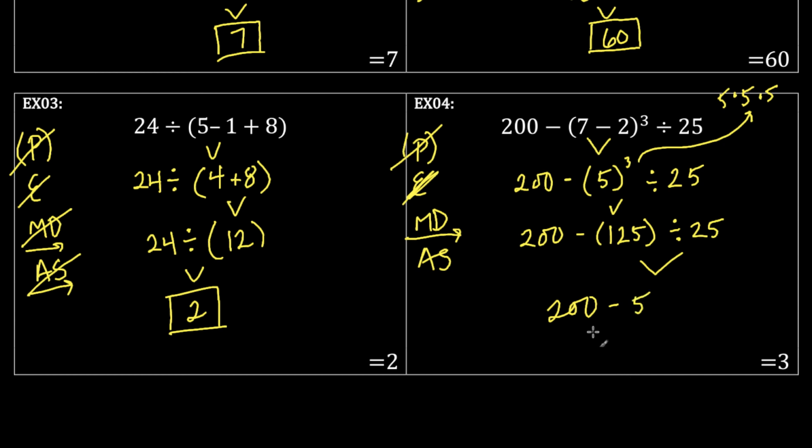And then 200 minus 5 is 195, because that's my last thing. So I divided, I was done with that, and I added and subtracted from left to right. I'm done with that. You can see that this is not actually 3. Not sure why I put 3 there. I'll check the work to make sure nothing's wrong. Okay, thank you.